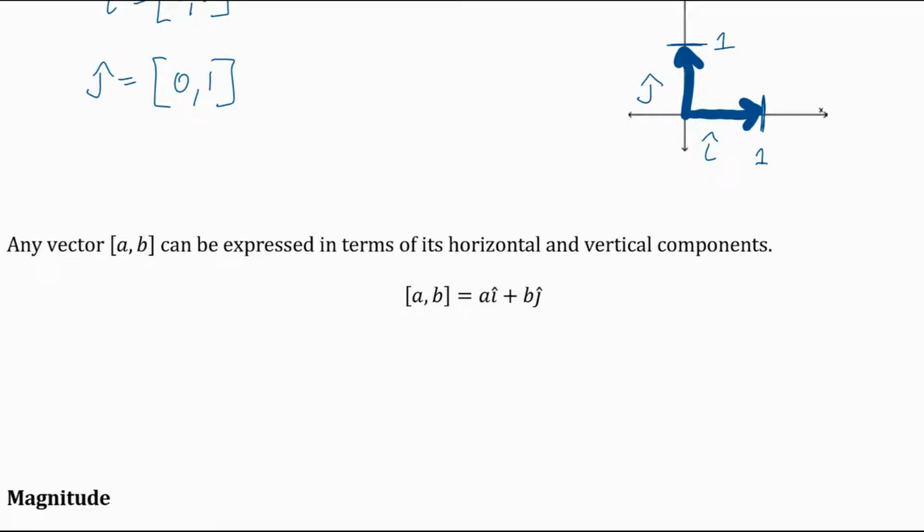So vector AB can be equal to a times i hat plus b times j hat. Now this looks like it's going to be some value, 2 times 3 plus 4 times 5, and you're just going to get 26 as your value. But i hat and j hat are not just variables. They are not just variables that represent a number. They are vectors.